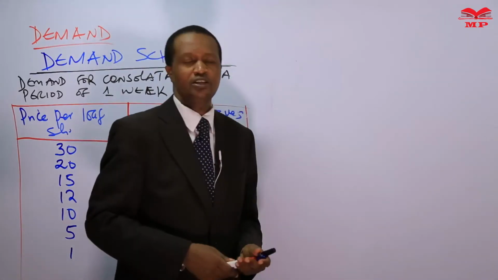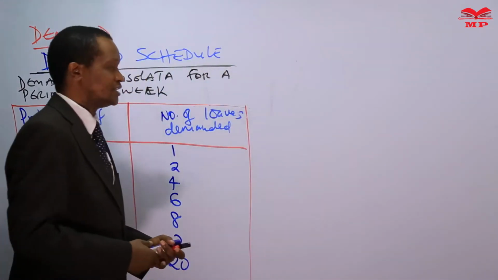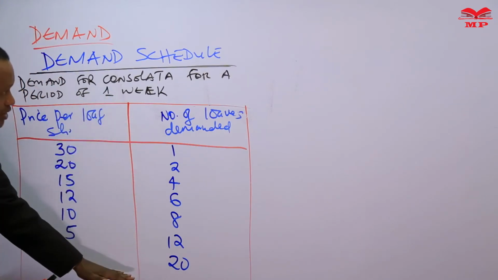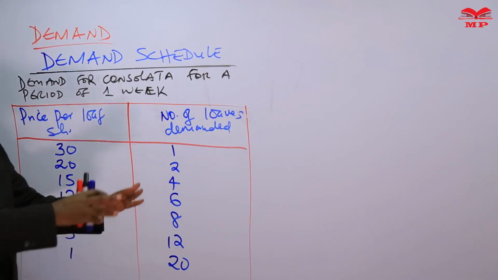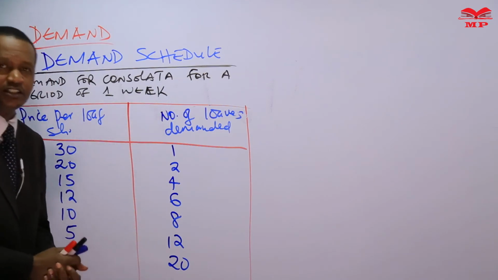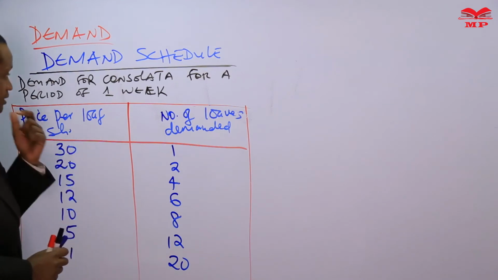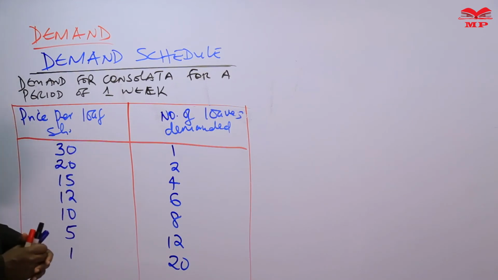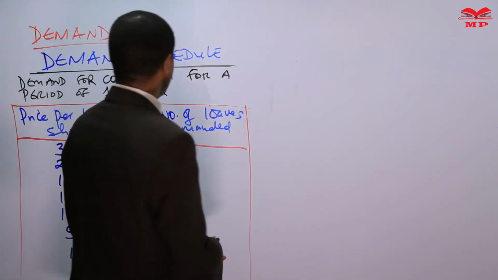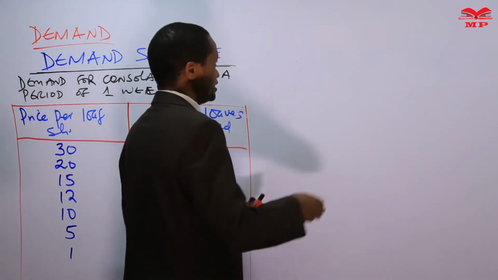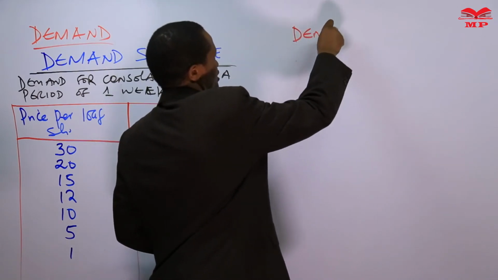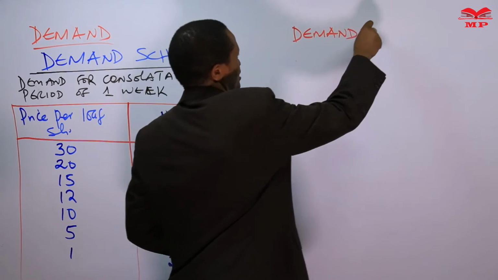When that is done, we call it the aggregate demand schedule. This is an individual demand schedule. When you are computing for the whole market, we call it an aggregate or a total demand schedule. So with this, we can now proceed to what we call the demand curve.